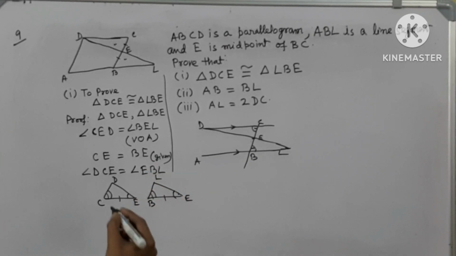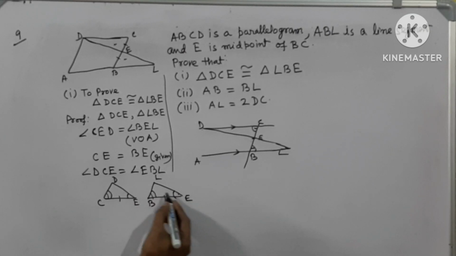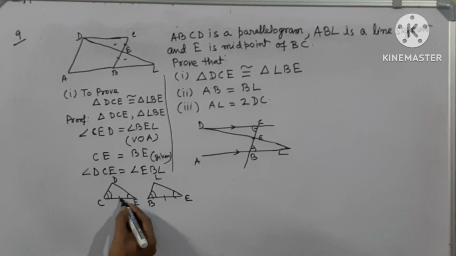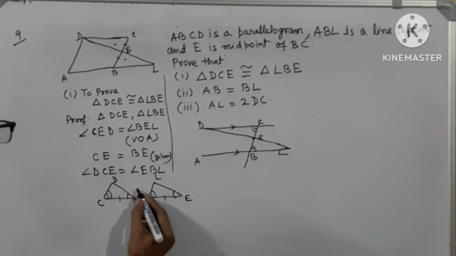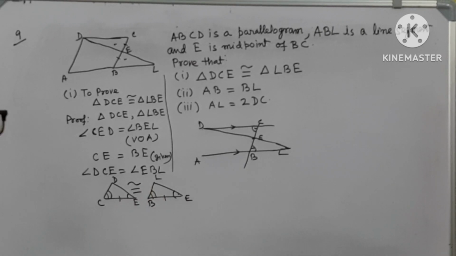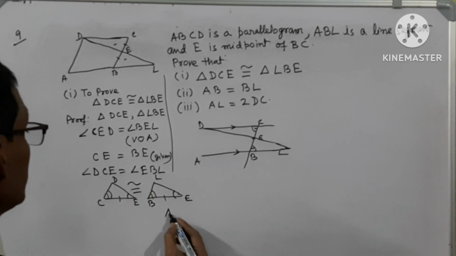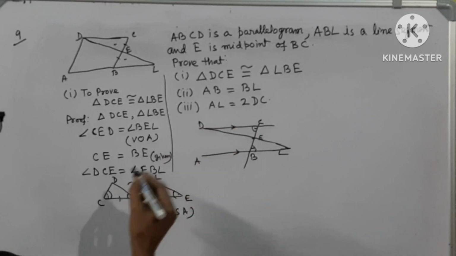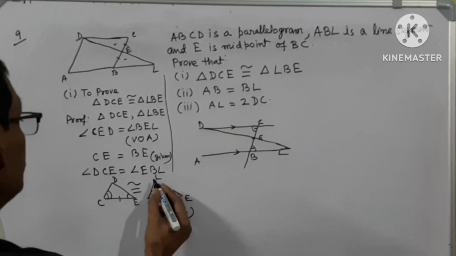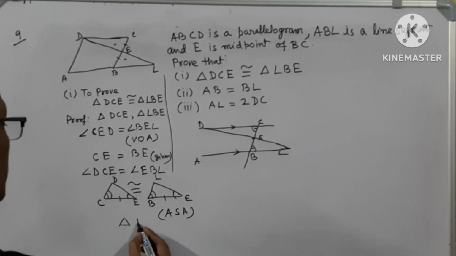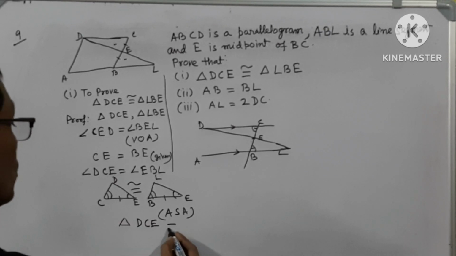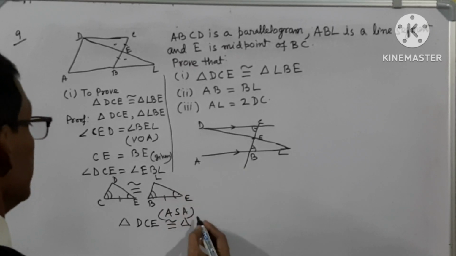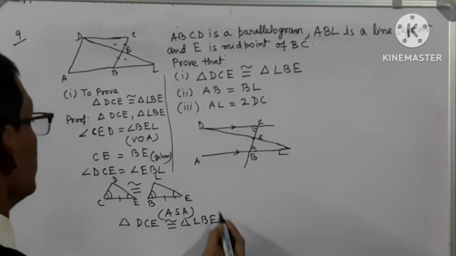So we are getting correctly all the corresponding parts. Two corresponding angles we got, and two sides also we got. That means angle, side, angle. So these two triangles are congruent as per angle, side, angle. Triangle DCE congruent to triangle LBE, proved.